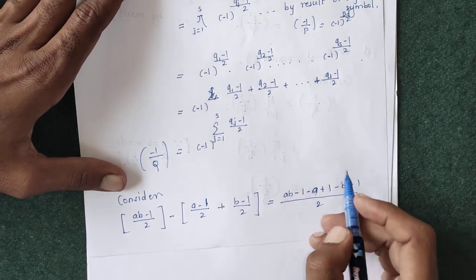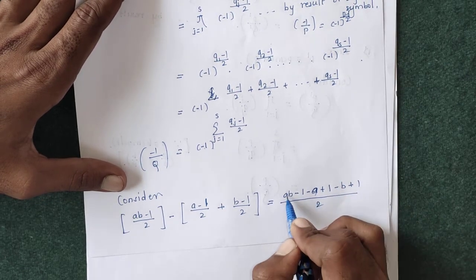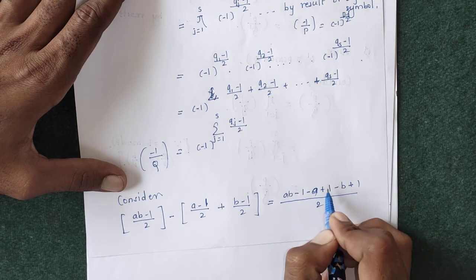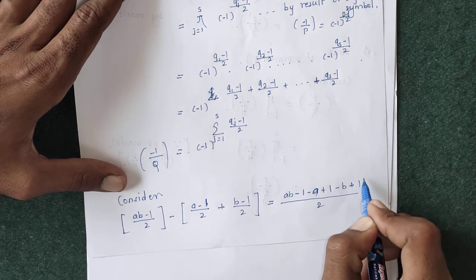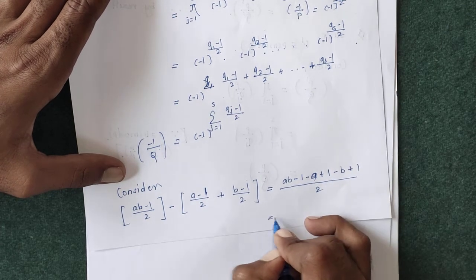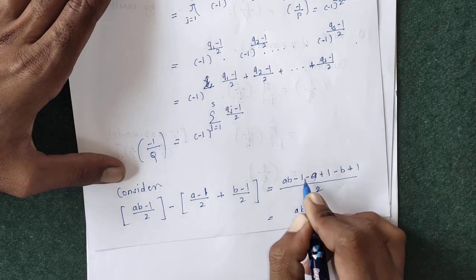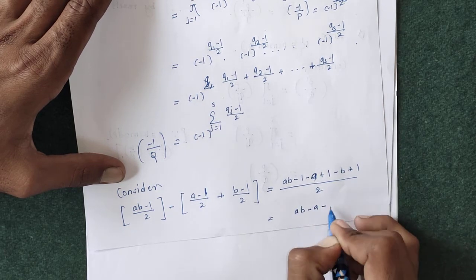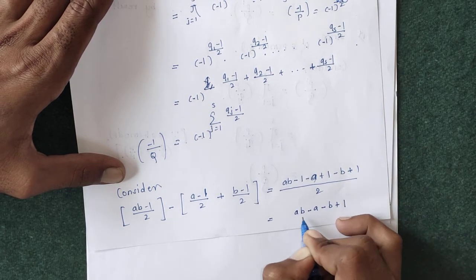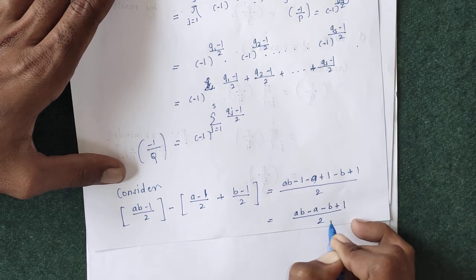Now, simplifying, ab, then minus 1 plus 1 gets cancelled. So, this plus 1 remains, minus a minus b. So, we can write it as (ab - a - b + 1)/2.